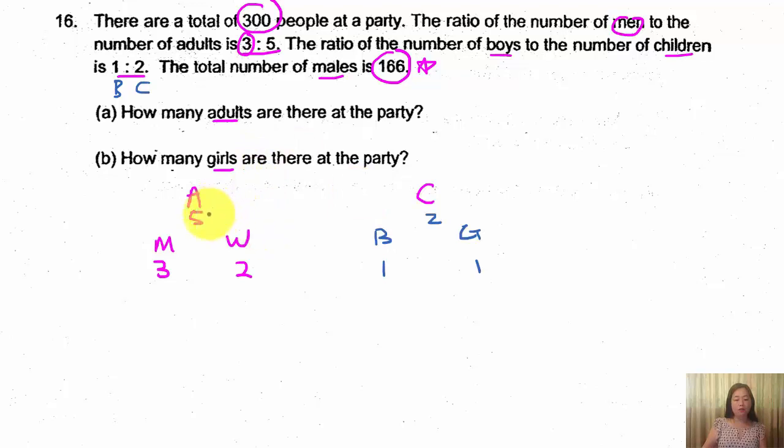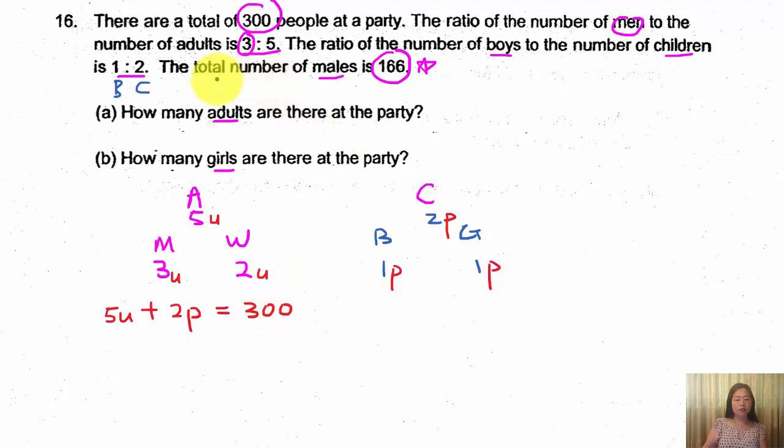So the likely possible thing they want us to do would be to create unit and part. So if there's a total of 300 people, we can see that 5 units plus 2 parts is equal to a total of 300.